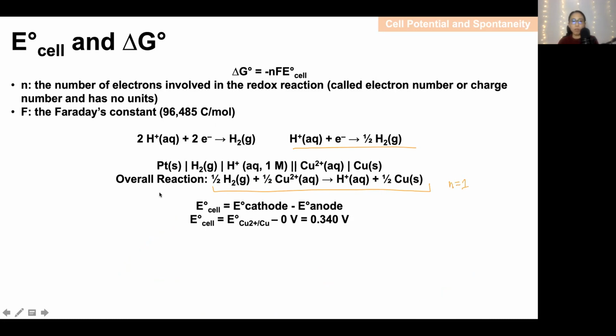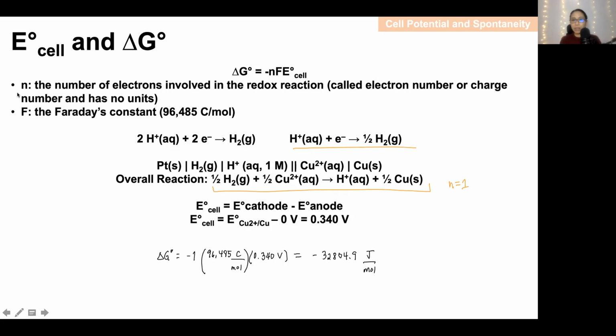And using our formula for delta G naught, that's negative 1 times 96,485 coulombs per mole. Now we are going to use the same standard cell potential value because I mentioned that it is an intensive property. We should get the same quantity, 32,804.9 joules per mole.